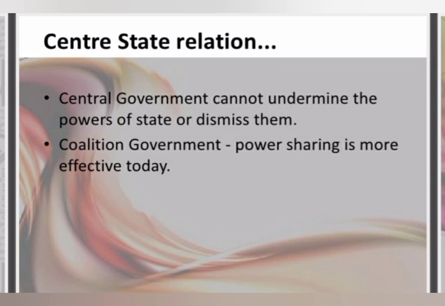So somewhere or the other, this leads to straining of the relations between the center and the state. Otherwise, in general, because the constitution gives powers to the state and the central government, it helps in the smooth functioning of the various governments at different levels.